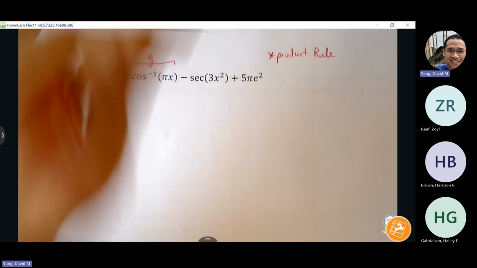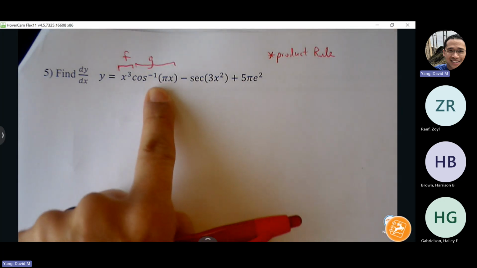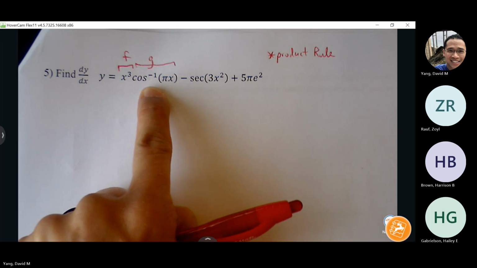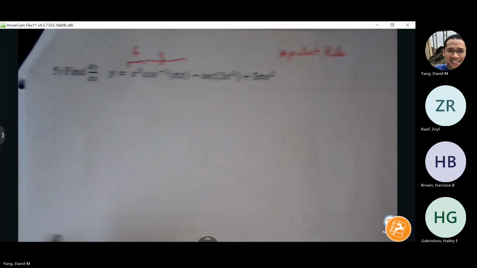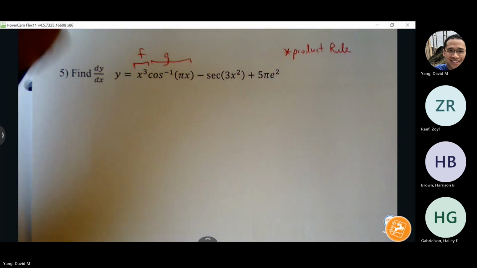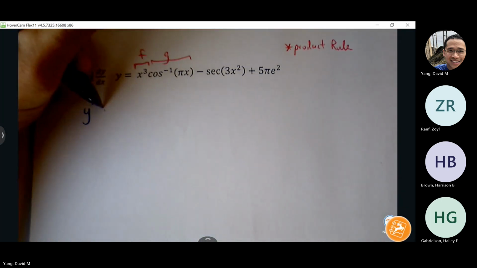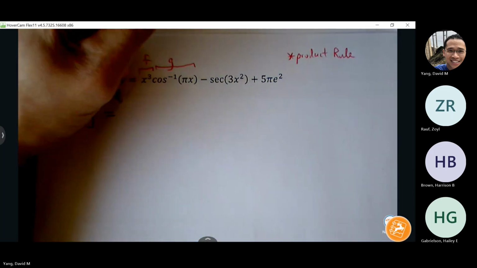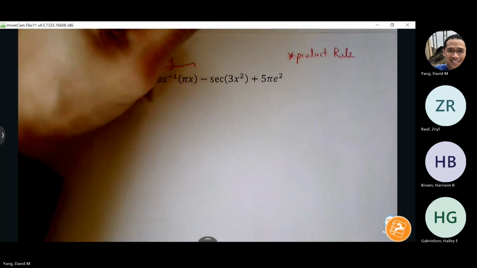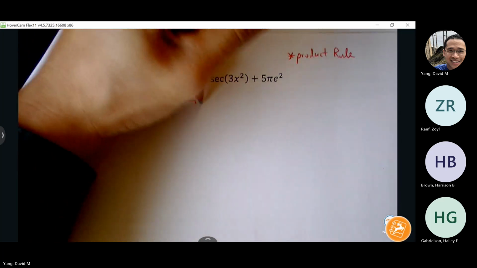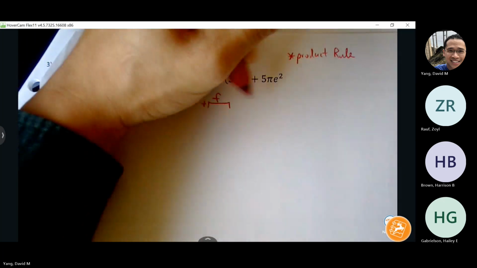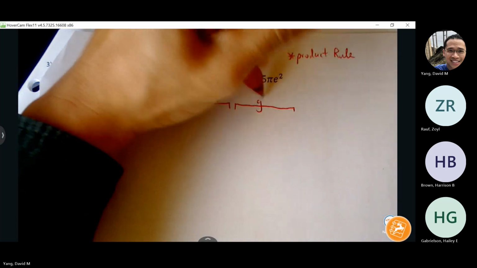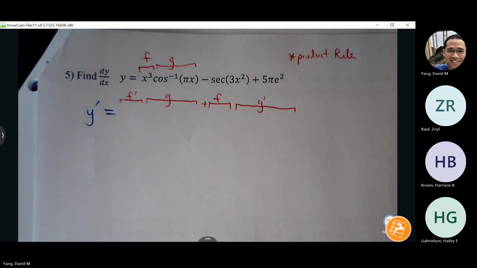But here we do have one of the new rules that shows up, inverse trig, that involves arc cosine here. Okay, x cubed becomes 3x squared.